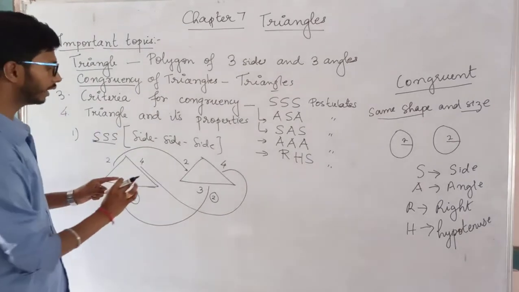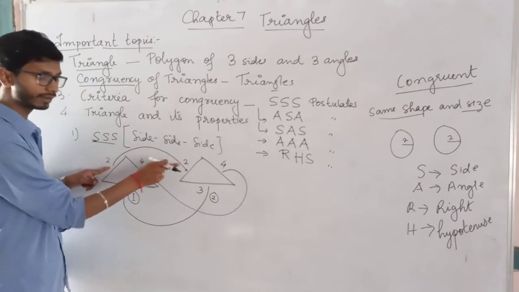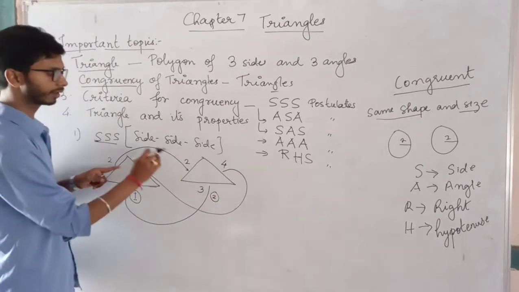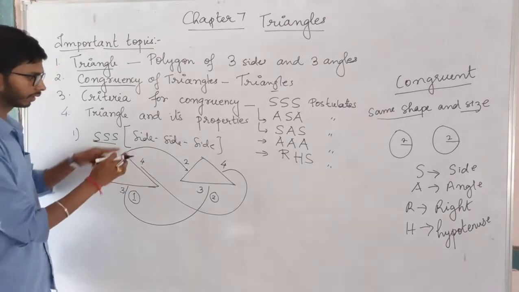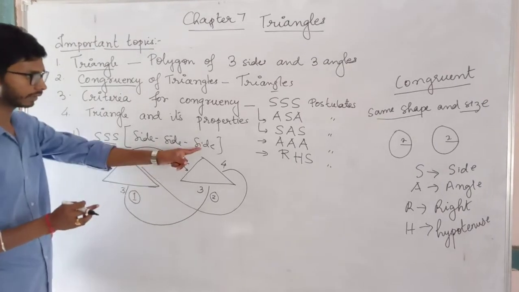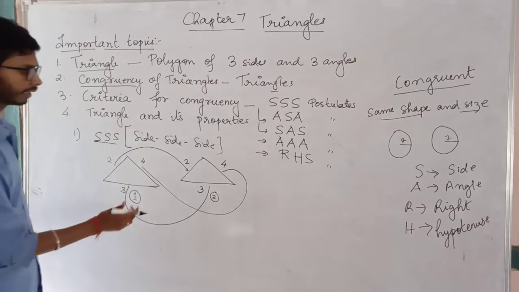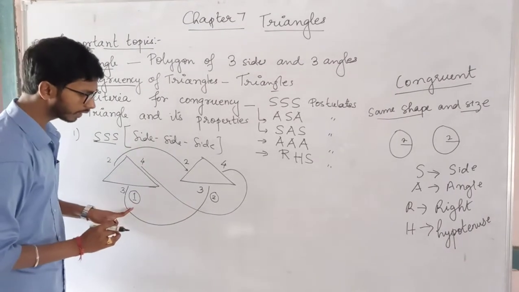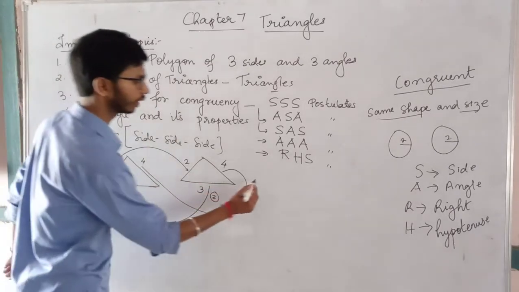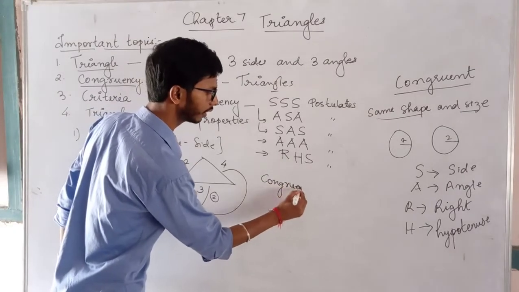So if we have two triangles in which all the corresponding sides are equal, this is the first side, this is the second, and this side is the third, then we can tell triangle 1 and triangle 2 are congruent, means they are same shape and size.